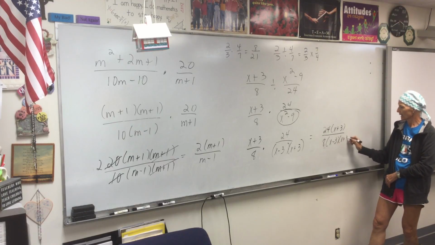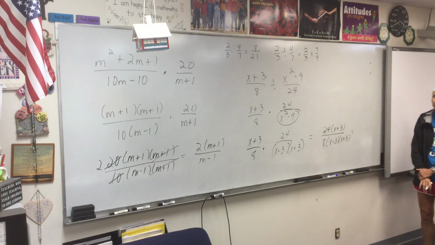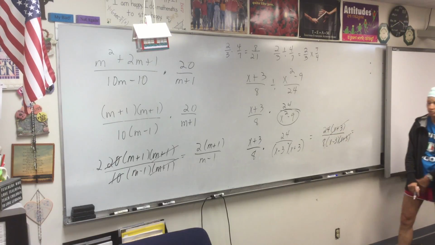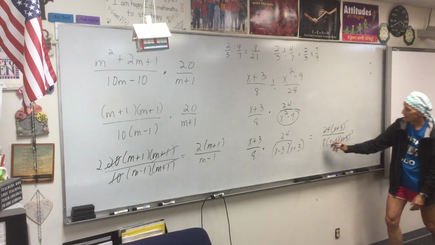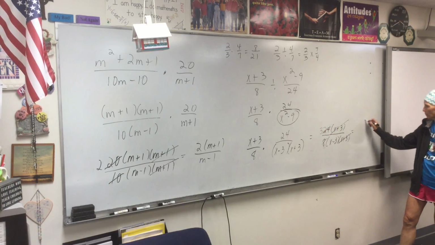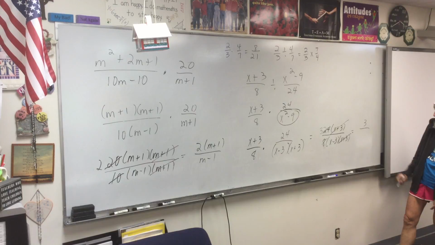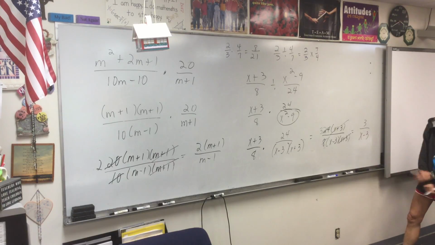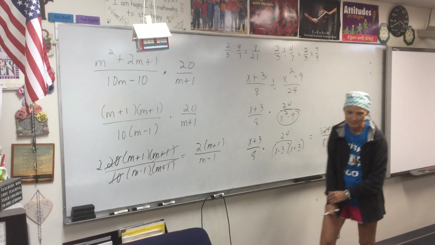And remember, you're allowed to cancel, but only whole factors. So x plus 3, gone. And 8 goes into 24 3 times. So on the top, we have a 3. And on the bottom, all we have left is our x minus 3. There's your answer. Pretty simple.